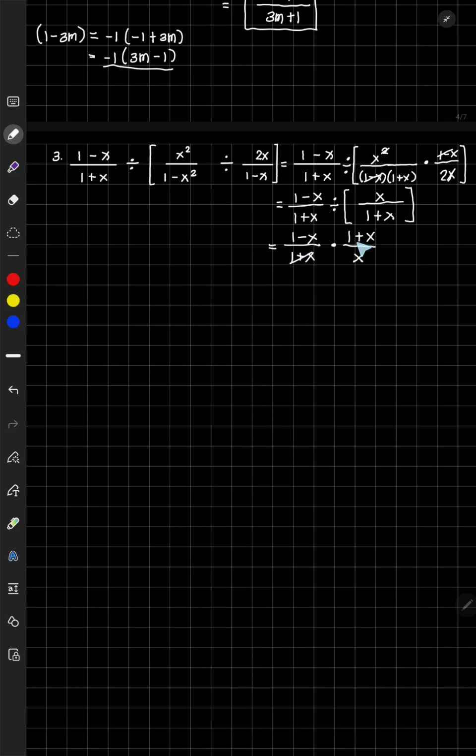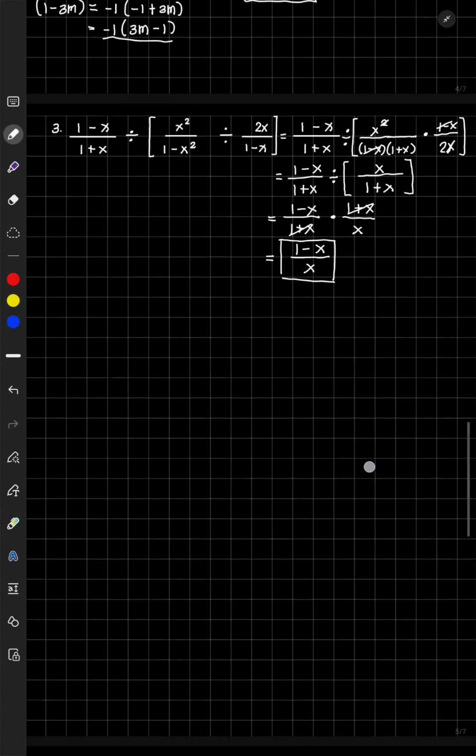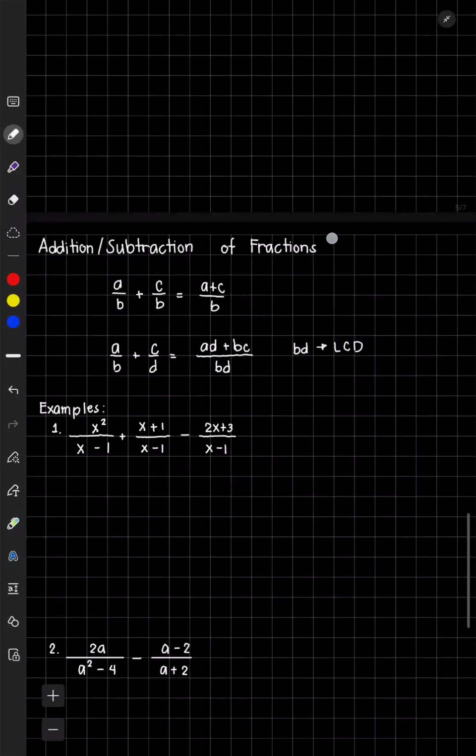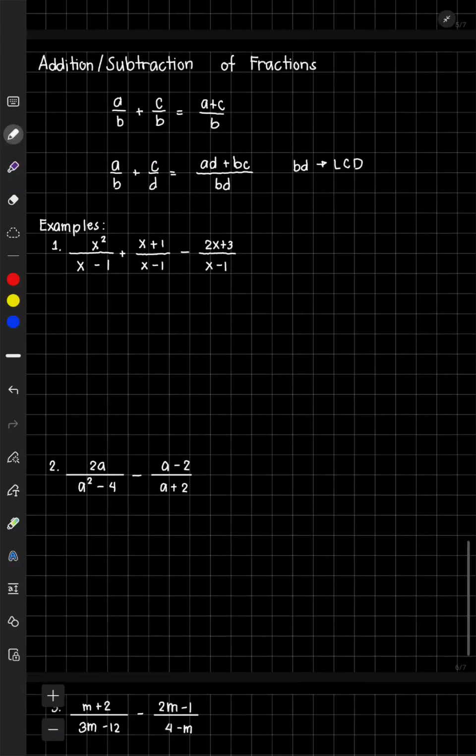So we can cancel this out, and your final answer would be 1 minus x all over x. So that would be the answer for that one. So next operation would be addition or subtraction of fractions.